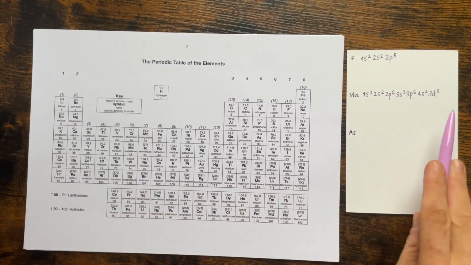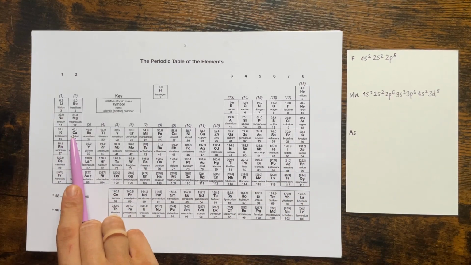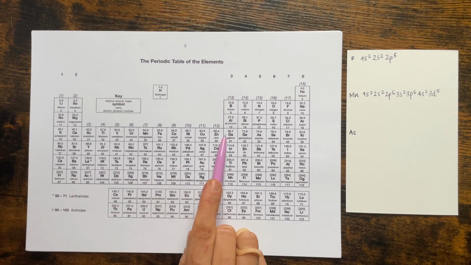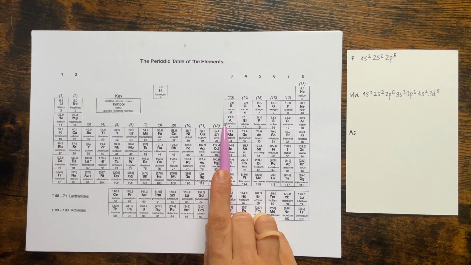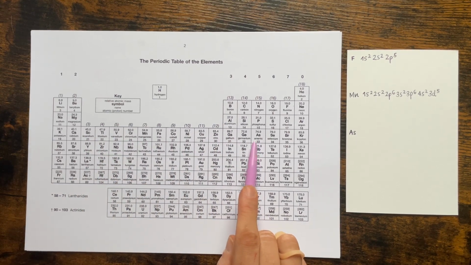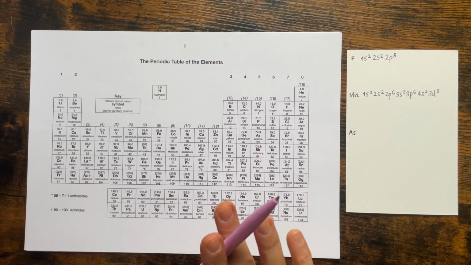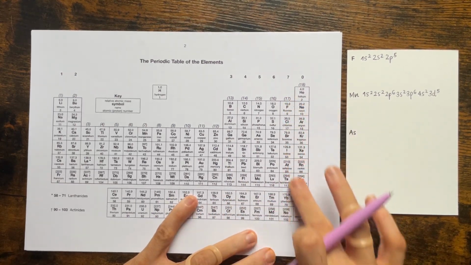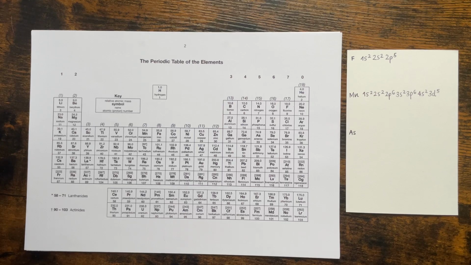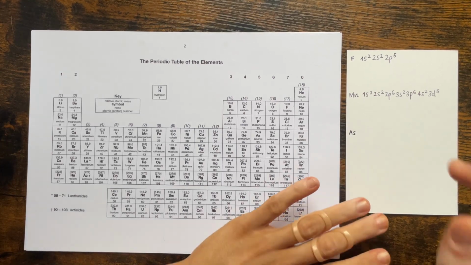We can say that it'd be the same up to the 4s2, then we would have the 3d and it'd be full with 10, and then arsenic is here, so then arsenic would end with 4p1, 2, 3. But I'll do it again in full one more time so that you can see how I'm doing that, and then hopefully with those examples you can maybe give this a go.